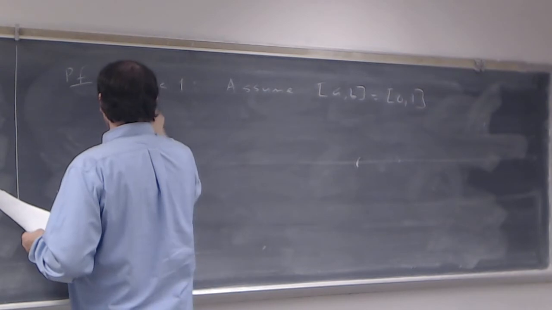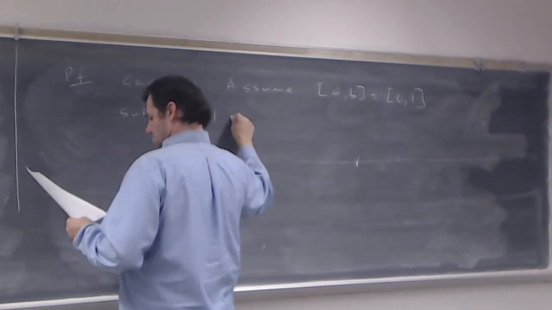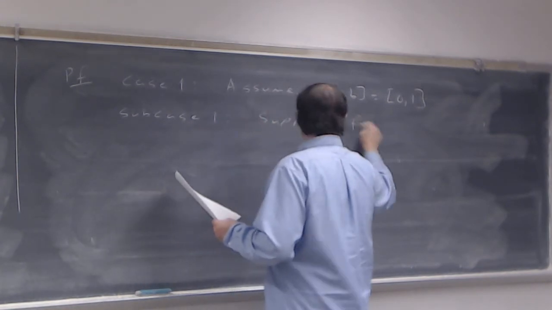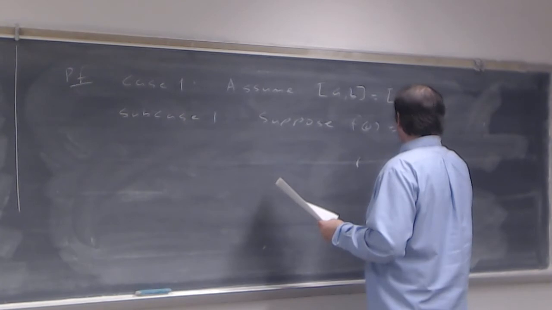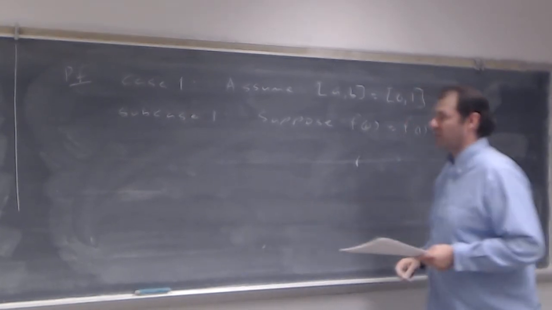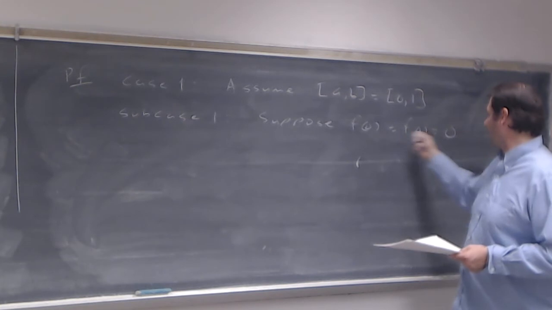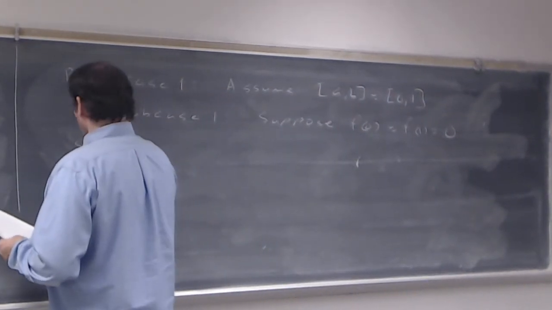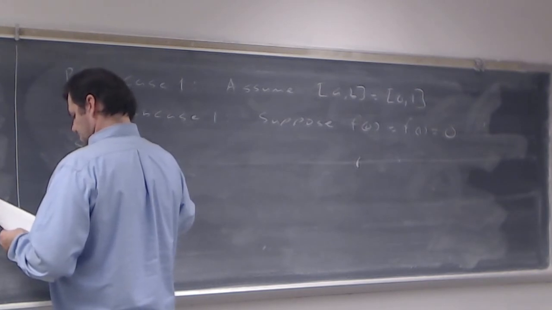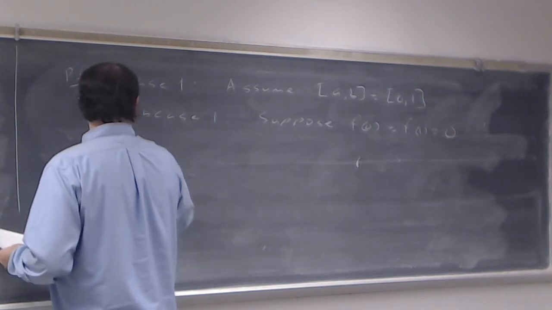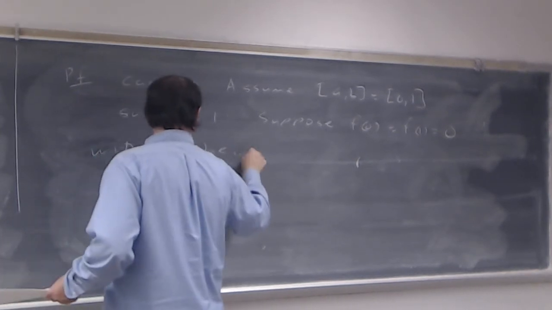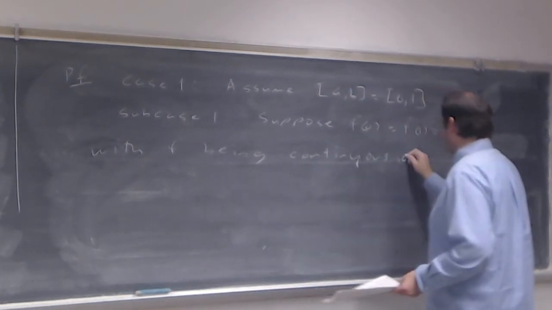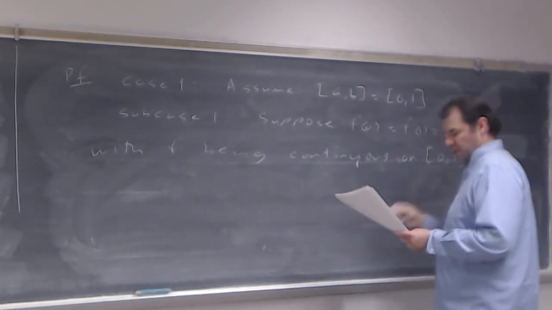So sub-case 1 is suppose f of 0 is equal to f of 1, which equals 0. So for our function that's continuous, we've got these two endpoints equaling 0, with, of course, f being continuous on 0 to 1.